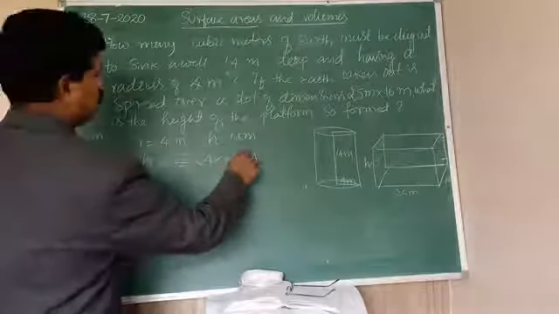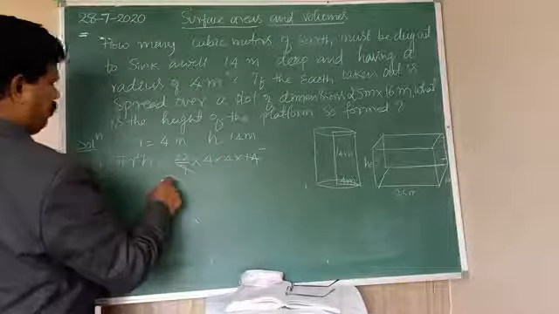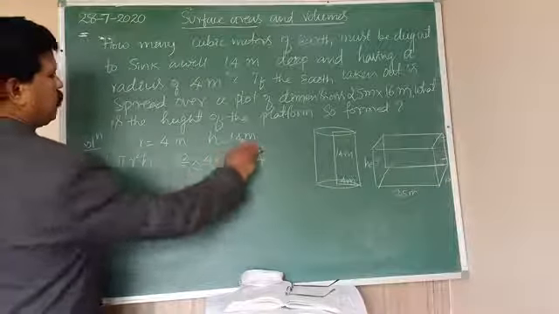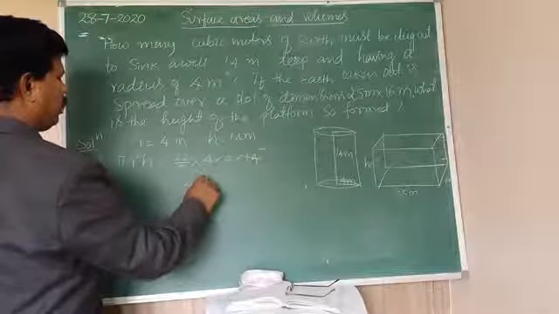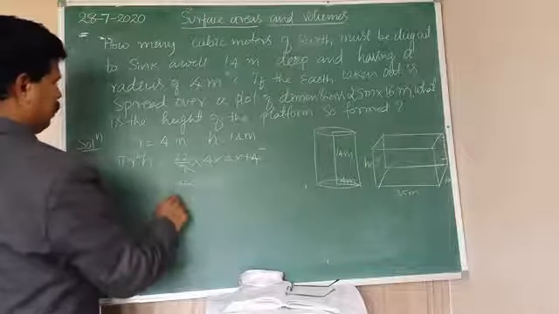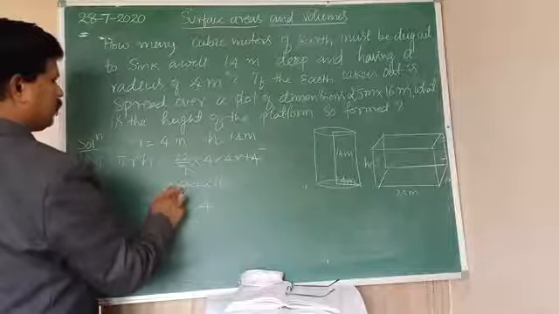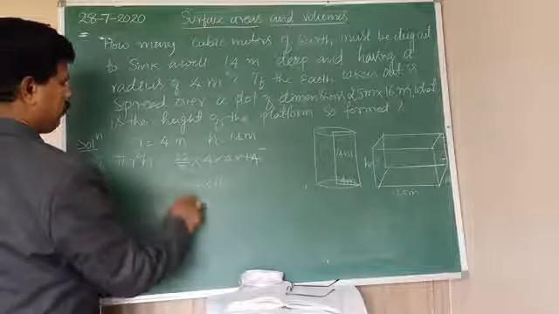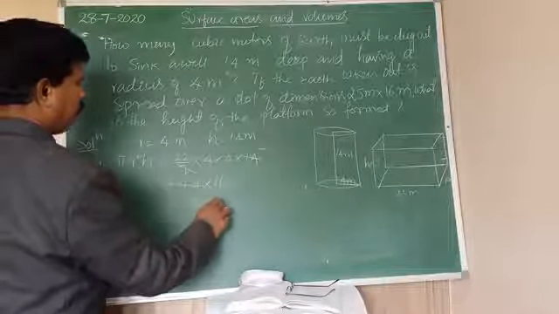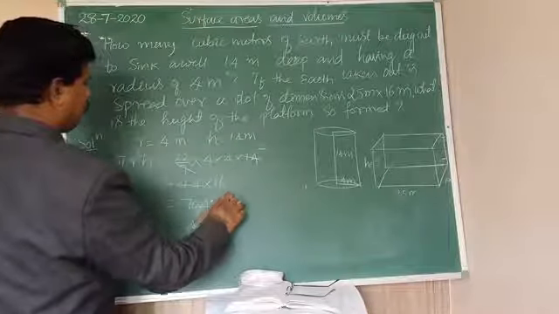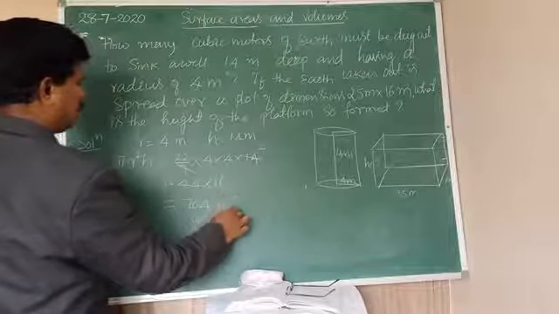Then 7 twos are 14, now 22 twos are 44 into 16. 16 fours are 64, so 704 cubic meter.